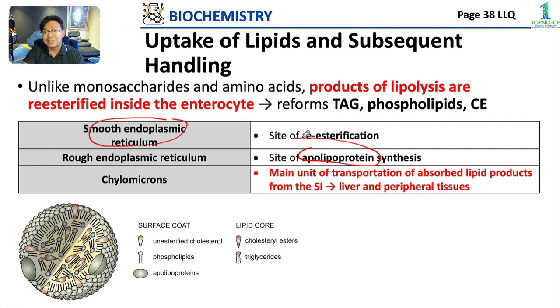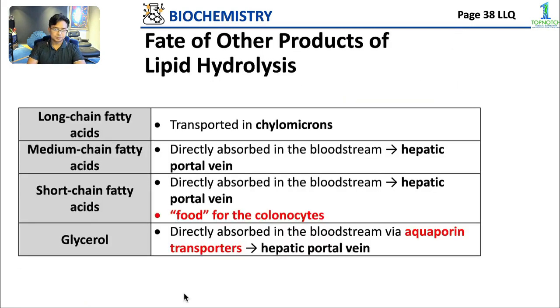Chylomicrons serve as the main unit of transportation of absorbed lipid products from the small intestine going to the liver and other peripheral tissues. So, anong nangyari dyan guys, the chylomicrons will then travel along the lacteals of your gut wall, going to the abdominal lymphatic system, then cisterna chyli, then thoracic duct, then going back to the blood circulation.